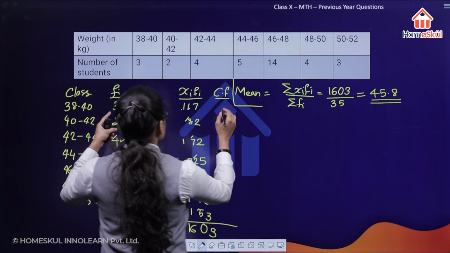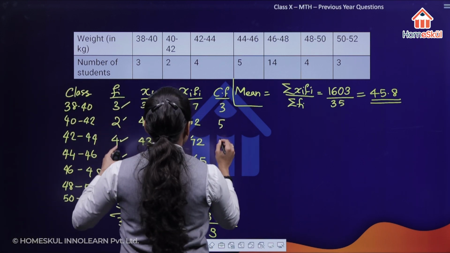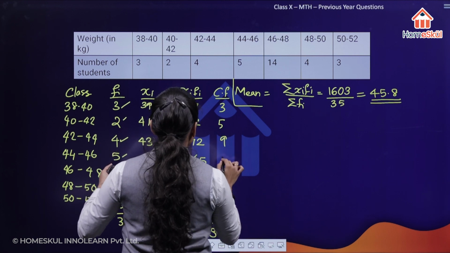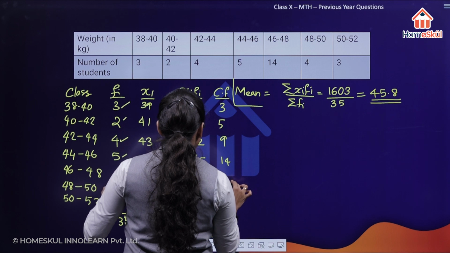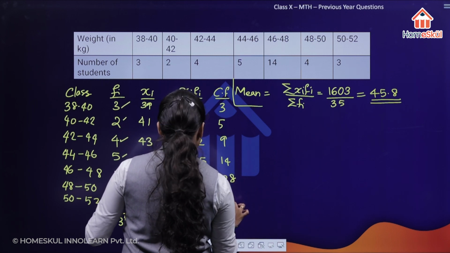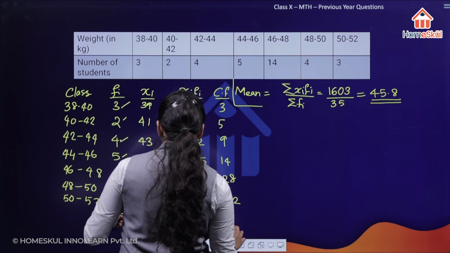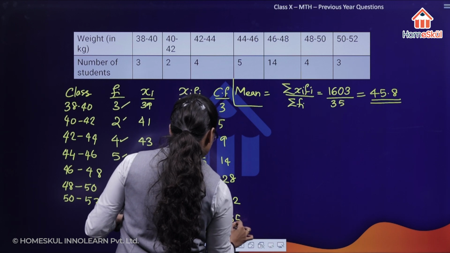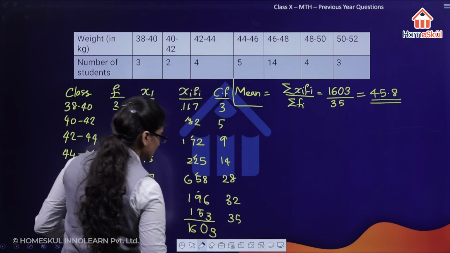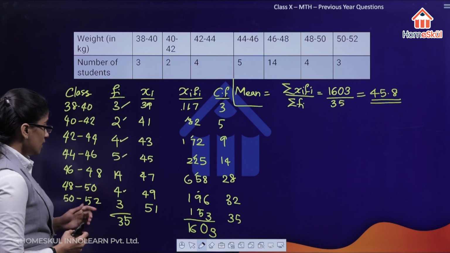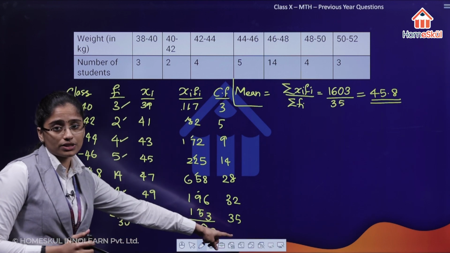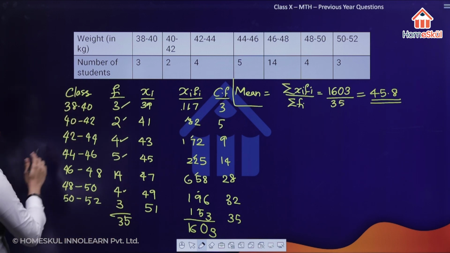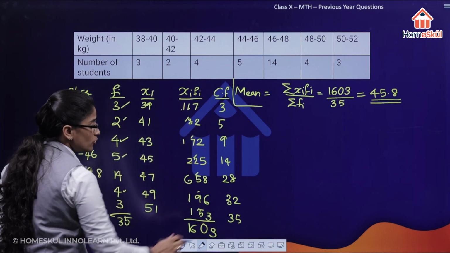On adding, 3, 3 plus 2 is 5, 5 plus 4 is 9, 9 plus 5 is 14, 14 plus 14 is 28, 28 plus 4 is 32 and 32 plus 3 is 35. Yes, the cumulative frequency table is correct. How can we cross check? The total frequency should be equal to the last entry of the cumulative frequency column.